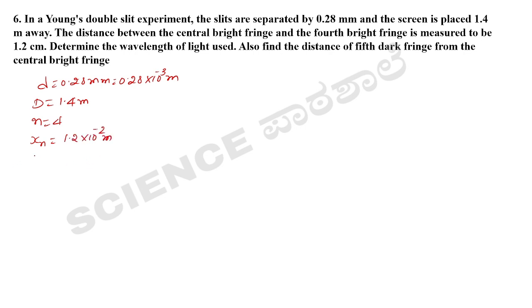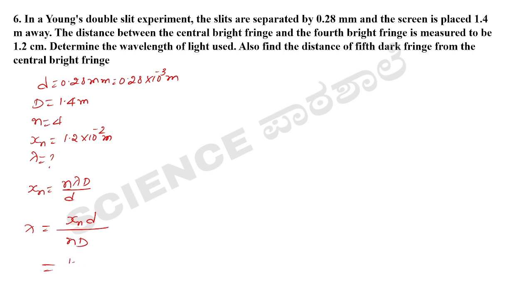Okay, what we have to calculate? Lambda is equal to question mark. So we know the formula, if it is a bright fringe, xn is equal to n lambda capital D by small d. Okay? Then what is lambda here? Lambda is equal to xn d divided by n into capital D. Yes, substitute the values here.